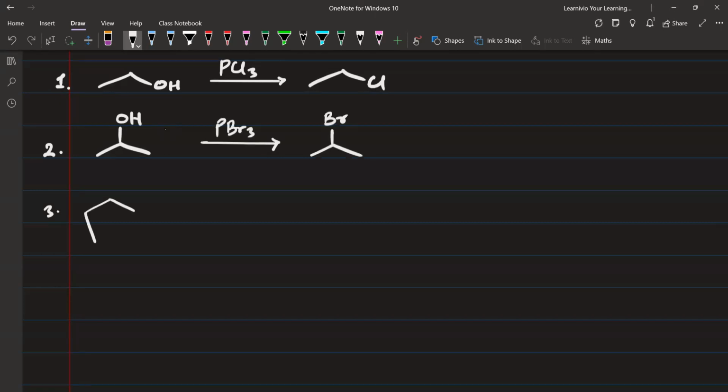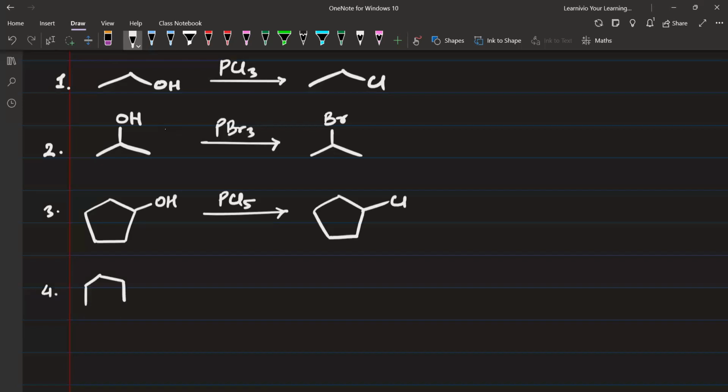You can have something cyclic. Do not be afraid of it. You have OH, and let us suppose PCl5. So everything as it is. Instead of OH, chlorine. Similarly, if you have something like this, do not be afraid. But please remember, this is alcohol. This is not phenol.